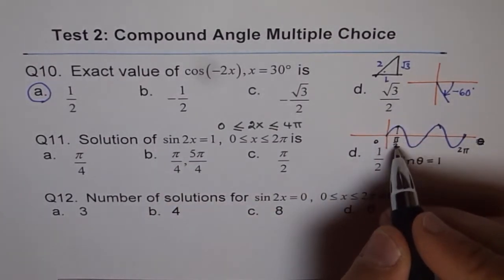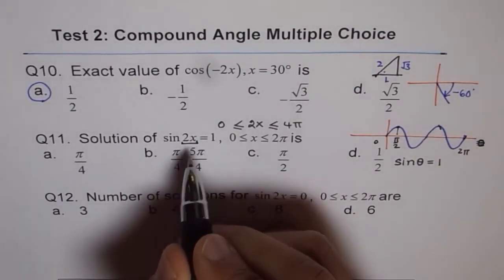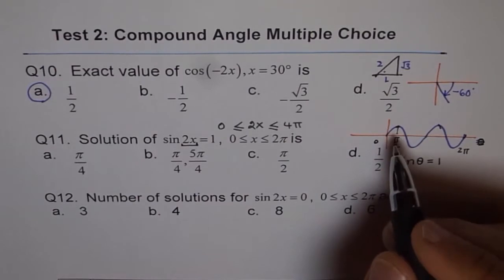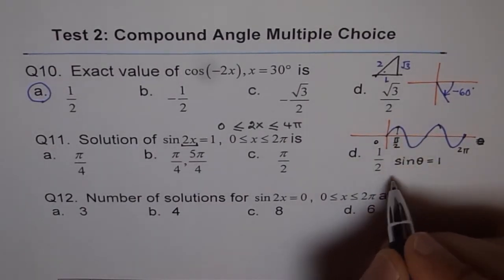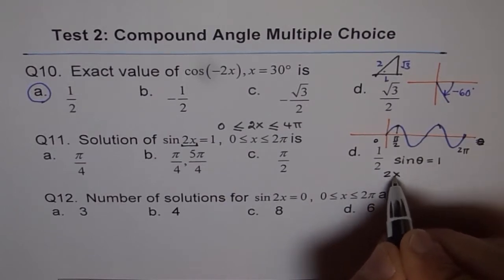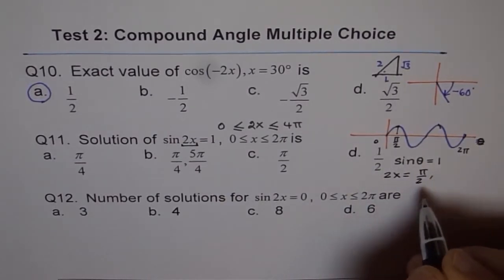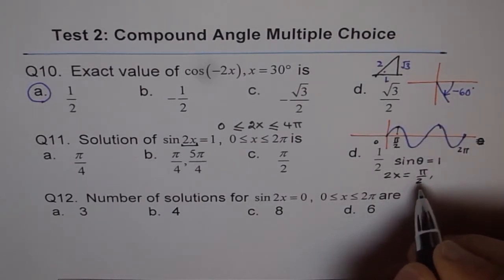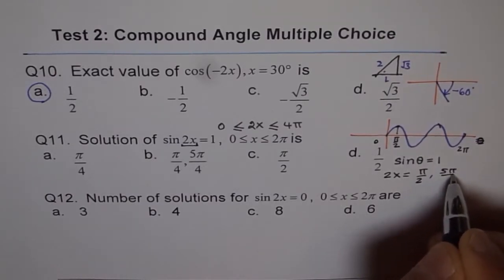So one is pi by 2. The other one is that this whole thing should be pi by 2 plus 2 pi. So the possible answers are 2x equals pi by 2 and pi by 2 plus 2 pi, one more cycle, that is 5 pi by 2.